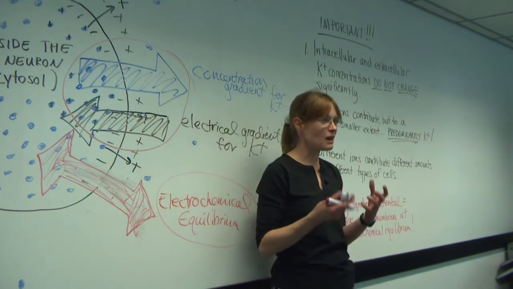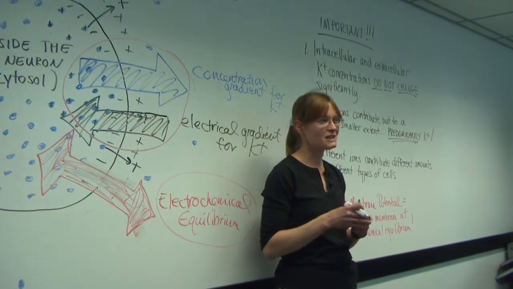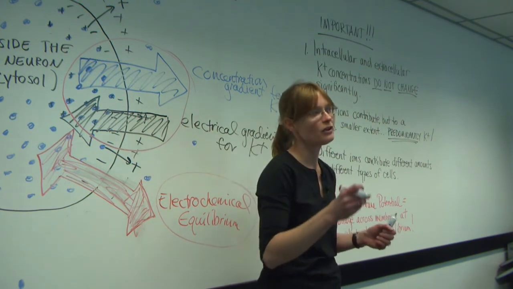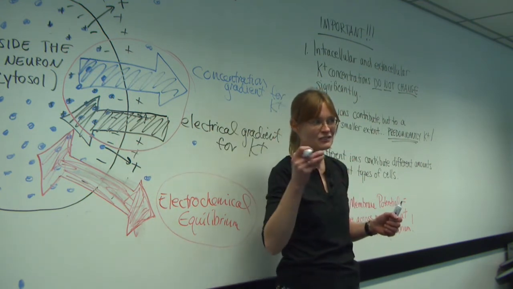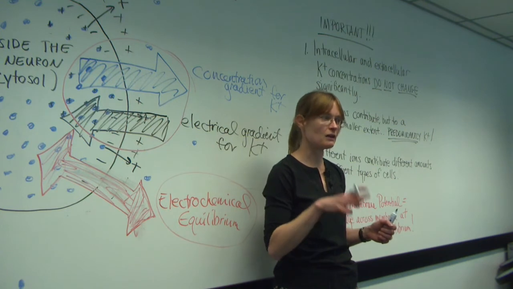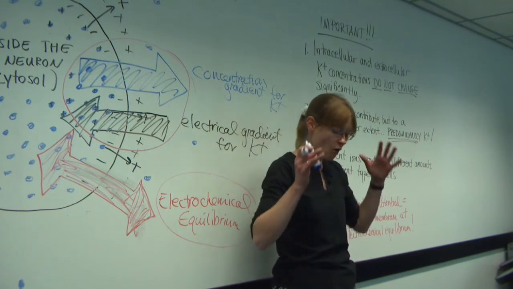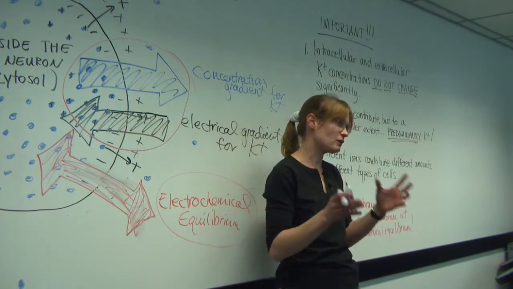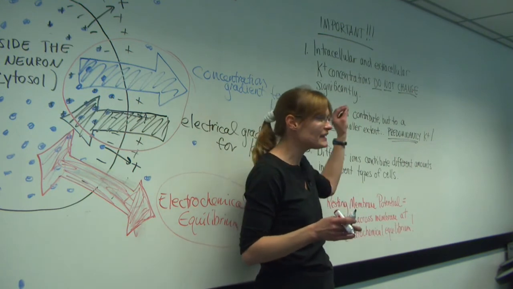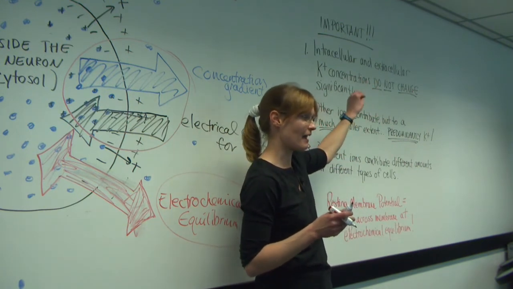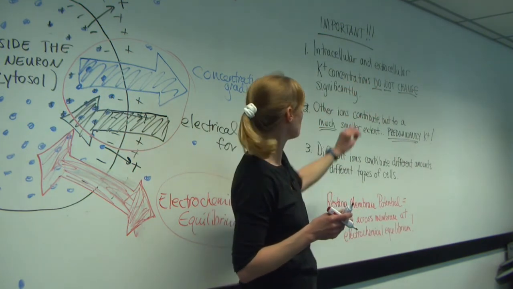In fact, it's been calculated at something like 1/10,000th of the potassium ions actually have to leave before we hit electrochemical equilibrium. So for all intents and purposes, if you look at it practically, the gradients really have not changed chemically at all, and that's an important point to bring up.